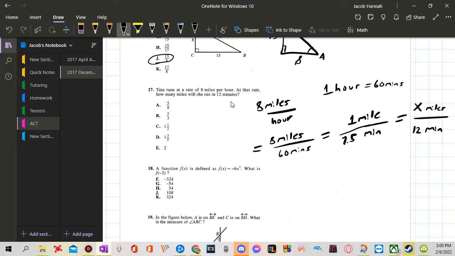And if we know that she can run 1 mile in 7.5 minutes, then we can figure this out. So let's do the bottom times the top, and this bottom times up here. So 7.5 minutes times x miles is equal to 12 minutes times 1 mile.